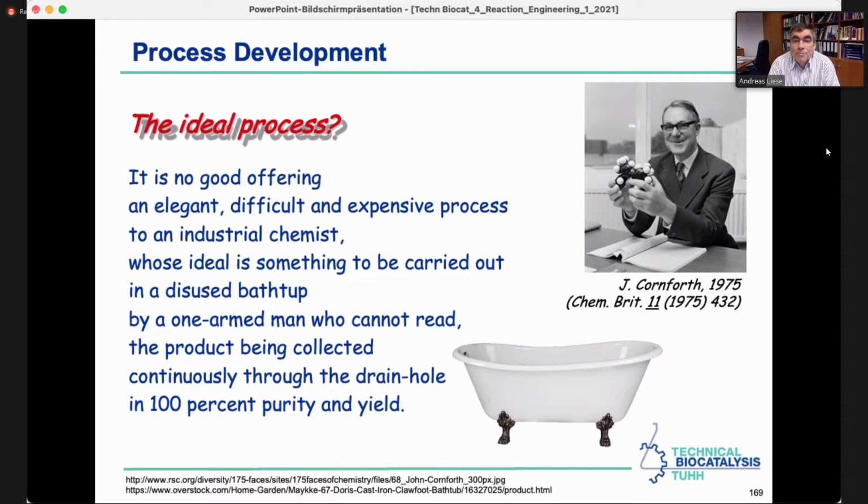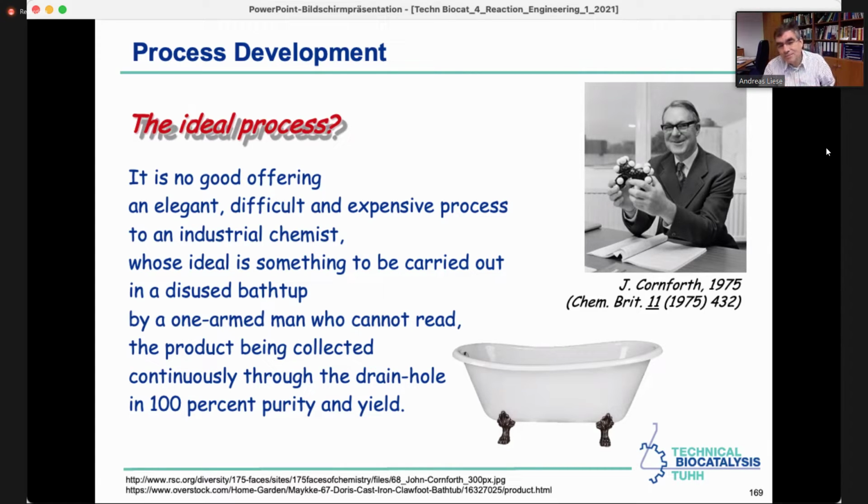And in his Nobel Prize lecture, he said, "It is no good offering an elegant, difficult, and expensive process to industrial chemists whose ideal is something to be carried out in a disused bathtub by a one-armed man who cannot read, the product being collected continuously through the drain hole in 100% purity and yield."